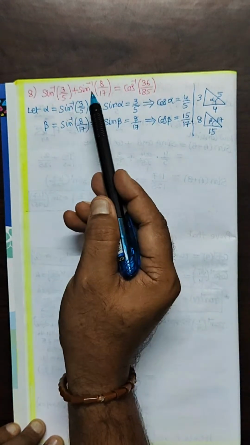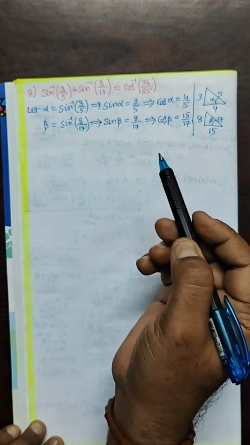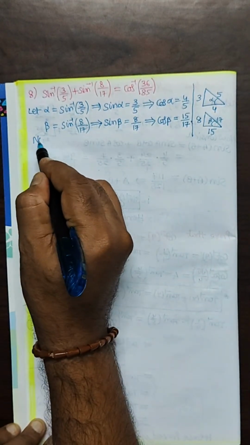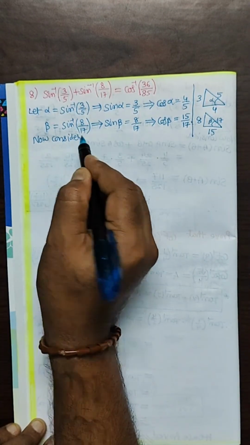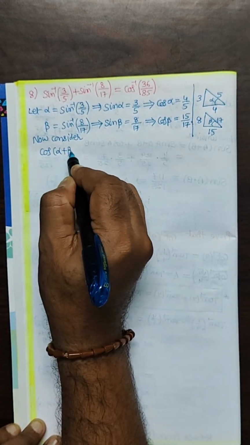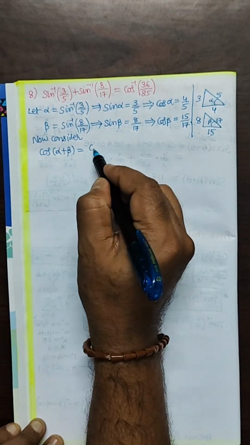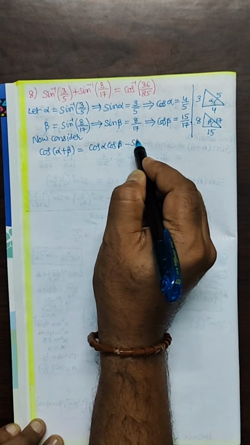This is alpha plus beta equal to cos inverse. Bring this side, cos will come now. So consider cos of alpha plus beta is equal to cos alpha cos beta minus sin alpha sin beta.